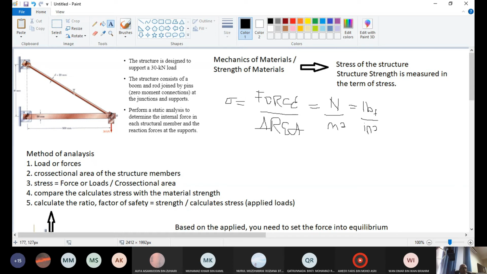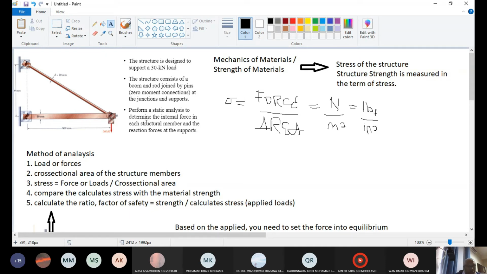However, the most important thing is you need to know from this load what is the stress. How much stress do the beam and rod get due to the load? Then later you can select the best material to accept the stress. This is how things work.